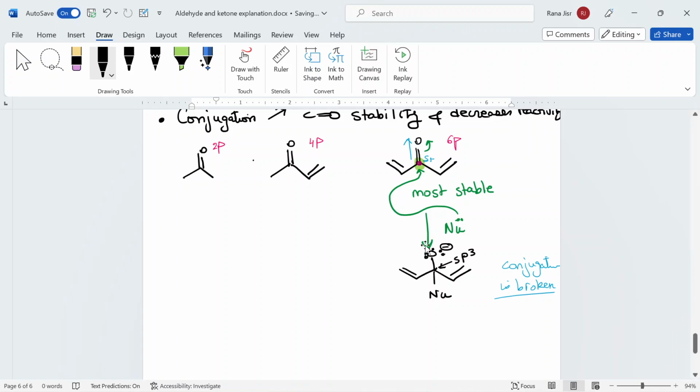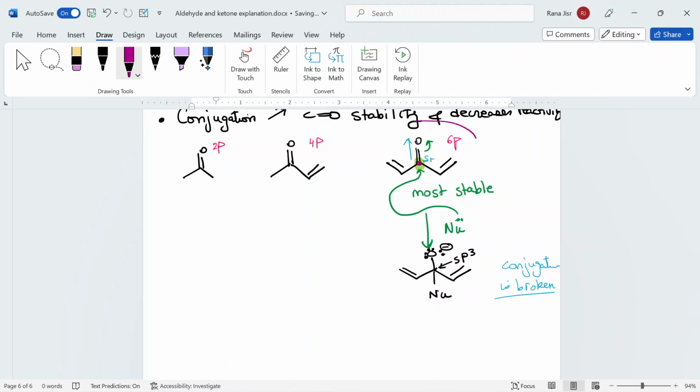So breaking the conjugation is going to make that conjugated system the least reactive in this case, because you are decreasing the stability of the structure. You started with a most stable structure, but you ended up with a least stable structure in there after the nucleophile attacks.